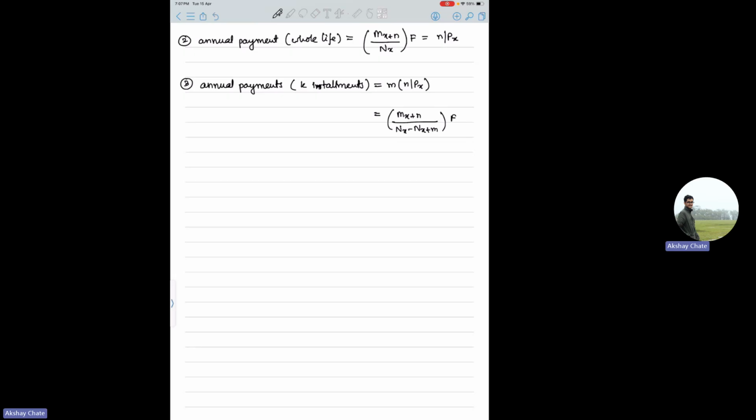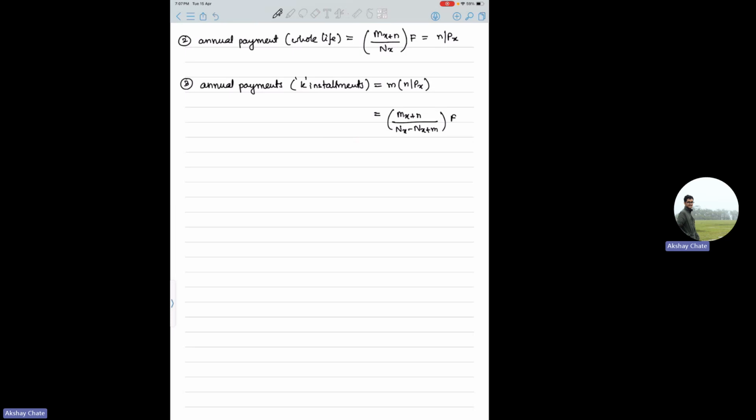Only because of these deferments, the things change. Otherwise everything else is the same. So you only do k installment payments here.